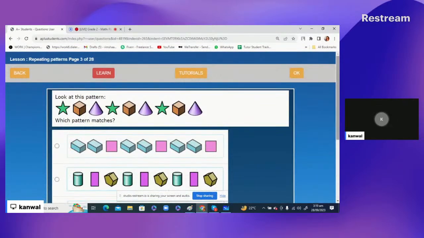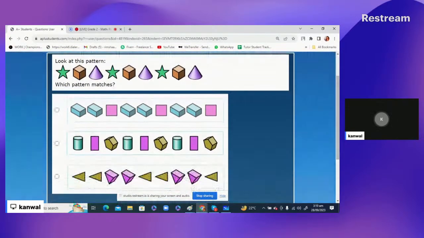All right, let's do one more. Look at this pattern. Which pattern matches? Here is a star, then box, then cone, star, box. It means one and one. Each has one pattern.